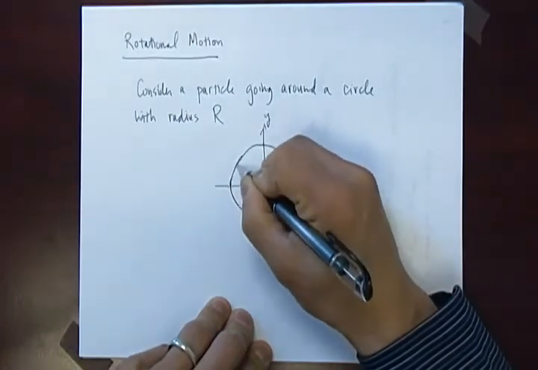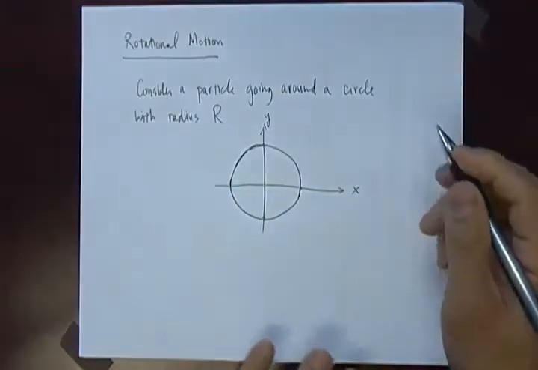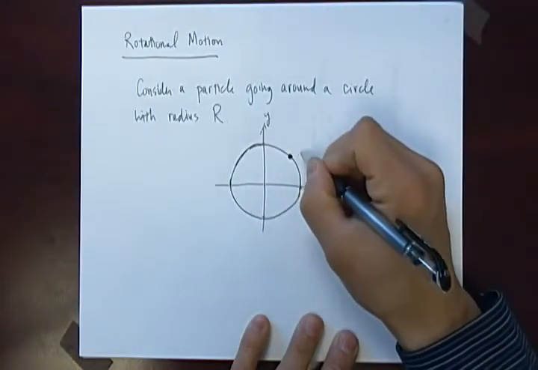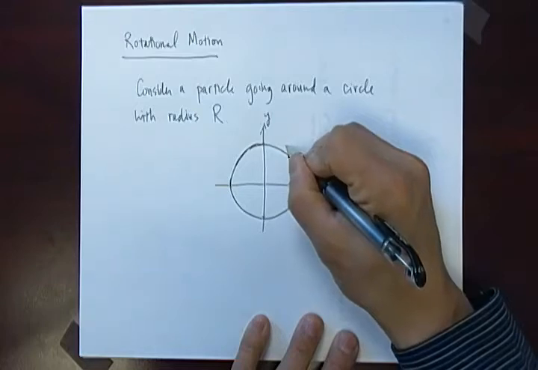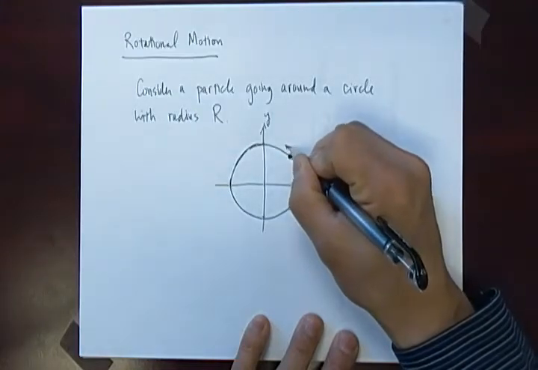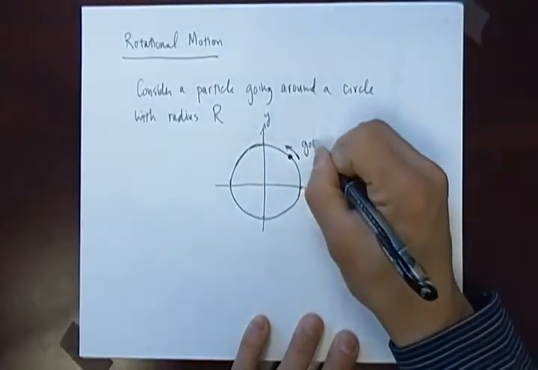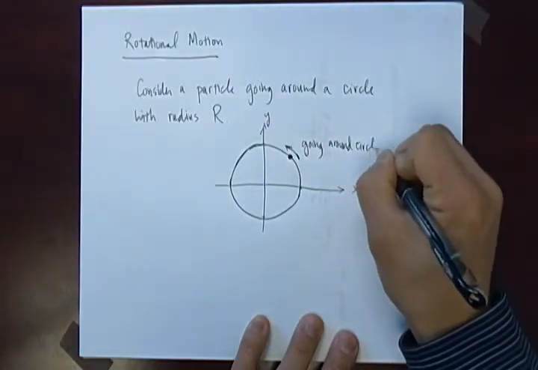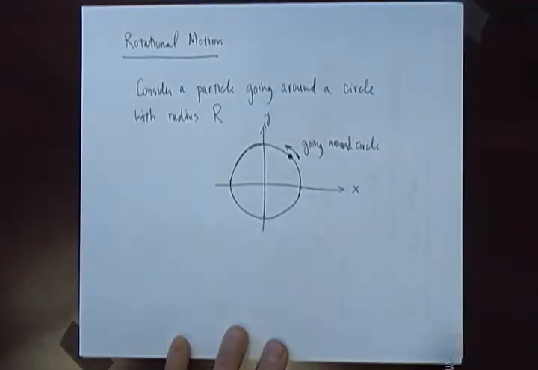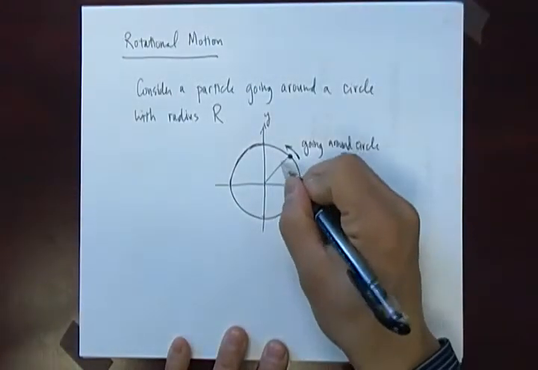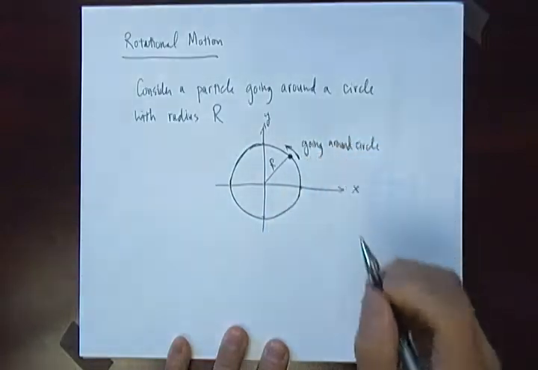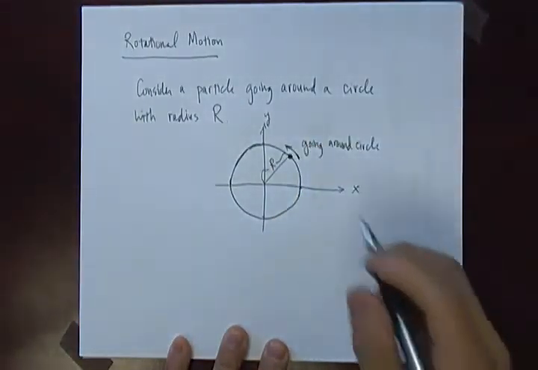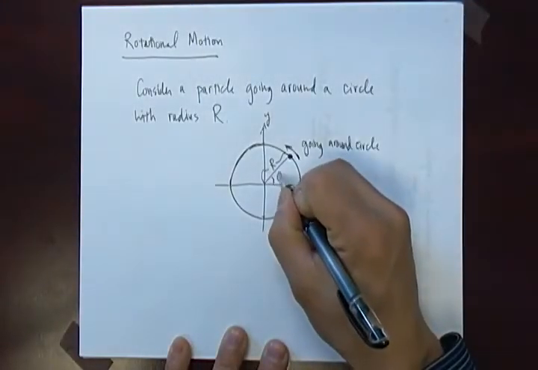And the particle, let's say, is right here. It's going around the circle, let's say this way. The circle has a radius r, that's this distance. And let's say this is an angle theta.